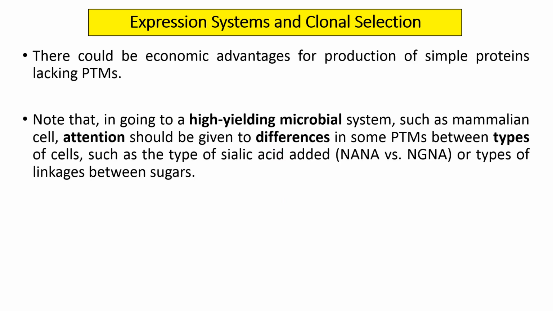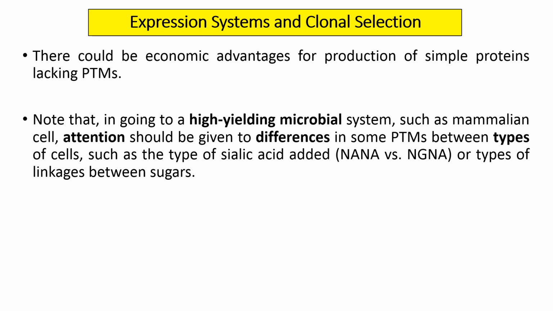Also, it's worth mentioning that there could be economic advantages for production of simple proteins that lack post-translational modification, produced from the bacterial expression system due to the productivity and rapid growth rate.